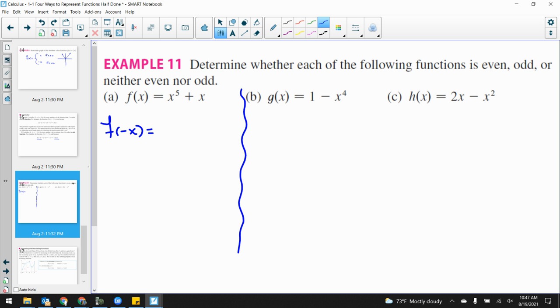Okay, well then it's negative x to the fifth plus negative x, right? Well, for any odd-powered variable, the negative is going to stay. The negative can get removed, just like x to the third. The negative can come out in front. So this is f of negative x, is equal to negative x to the fifth, minus x.